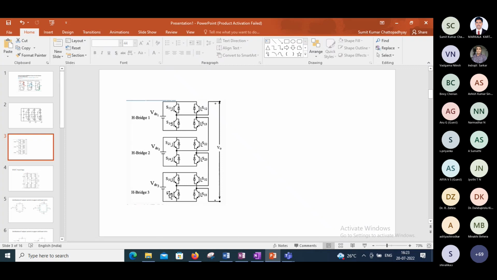Okay. So there is something called frequency multiplication that I'll show if time permits. So that happens in both multi-level converters and cascade converters.